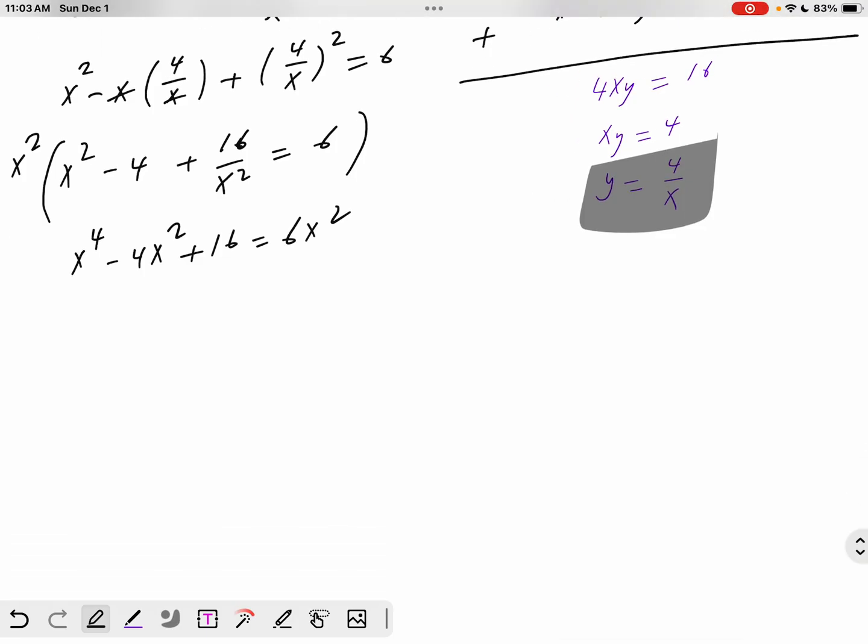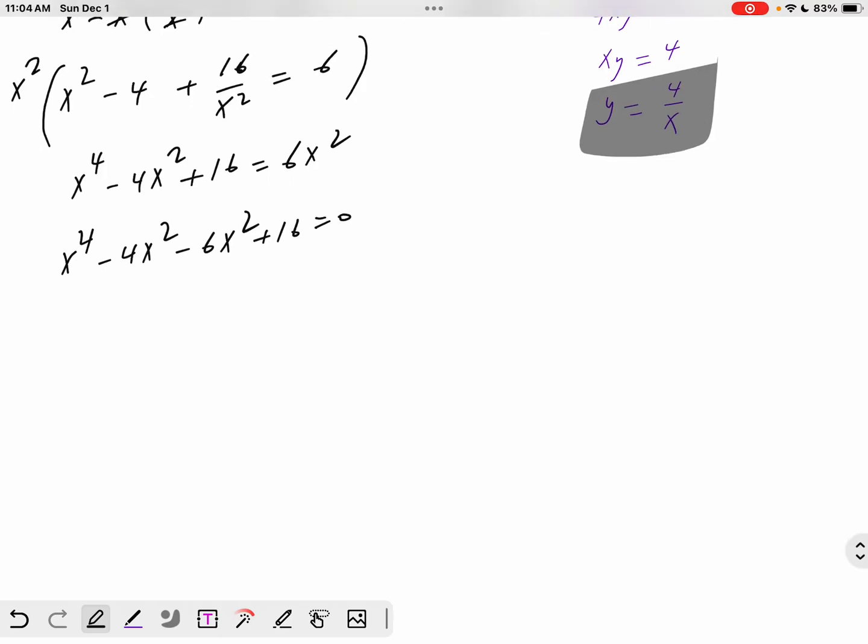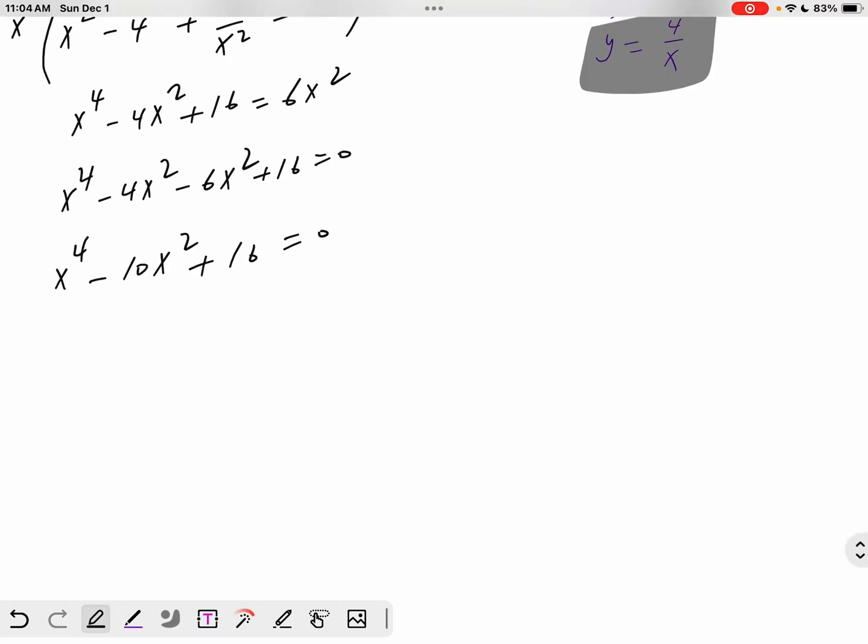Let's move the 6x squared to the left hand side and combine the like terms. So it's x to the power 4 minus 4x squared minus 6x squared, opposite, then plus 16 equals 0. So this is x to the power 4 minus 10x squared plus 16 equals 0.